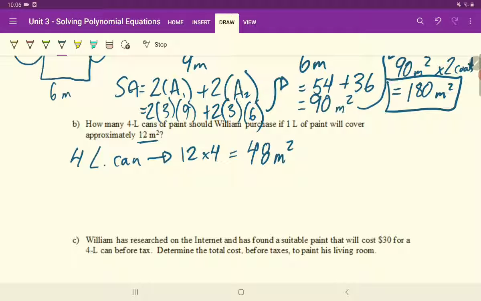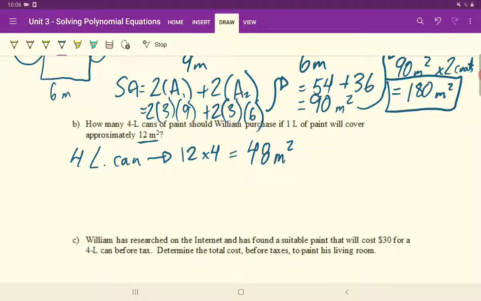So if a 4-liter can covers 48 meters squared, we need a total of 180 meters squared worth of paint. How are we going to calculate how many cans we'll need? This is where our problem solving comes in.